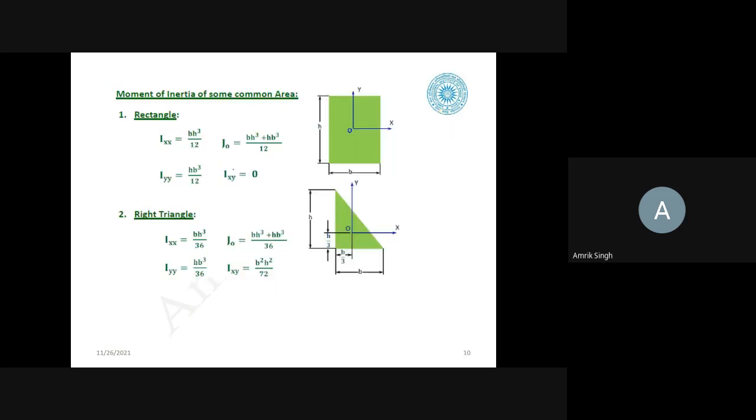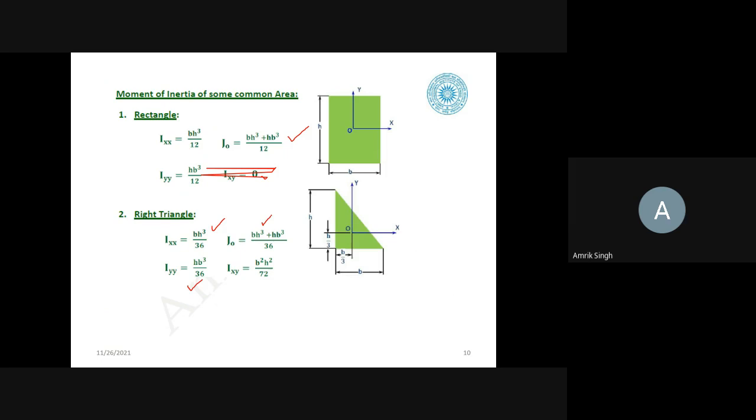So these are the moments of inertia for some common areas. If you see Ixx, it is bh cube upon 12. Iyy will be hb cube upon 12. So this will be 0, and this will of course be the algebraic sum. Similarly for the right angle triangle, bh cube upon 36, hb cube upon 36.